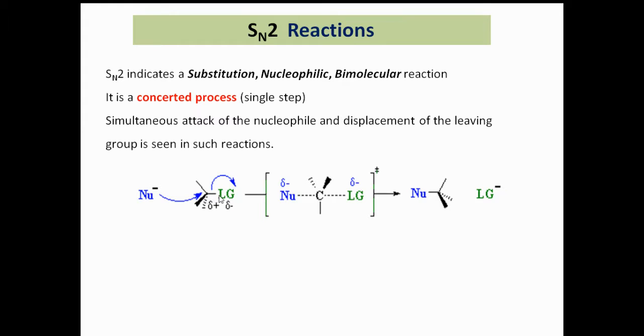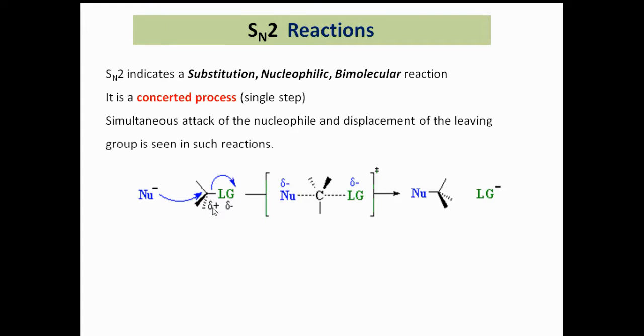Now as this bond between the carbon and the leaving group is polar, the leaving group attains partial negative and the carbon attains partial positive charge. Now the leaving group is lost with the negative charge. Simultaneously the nucleophile is attacking onto the carbon from the backside.